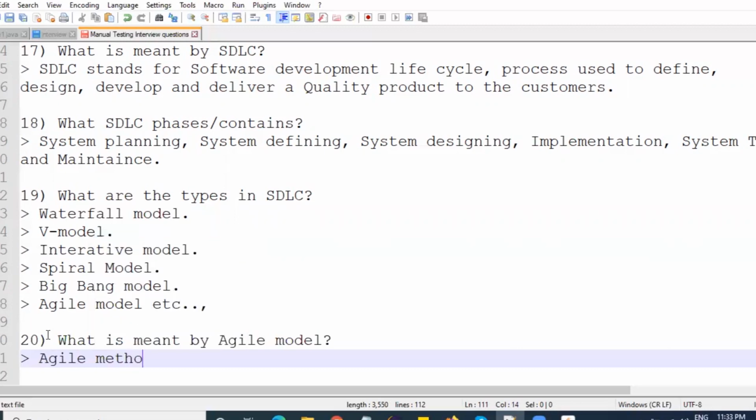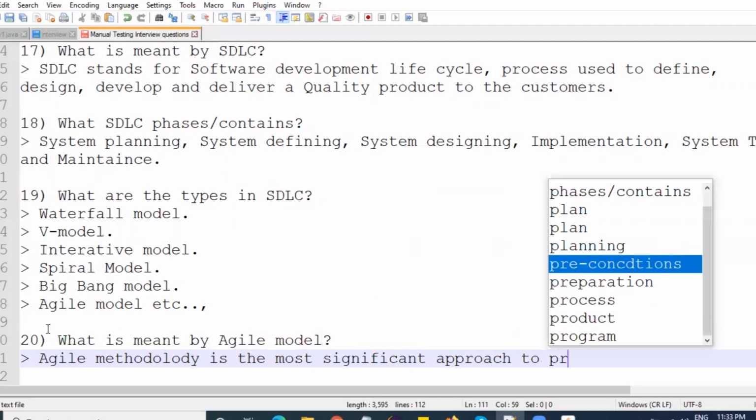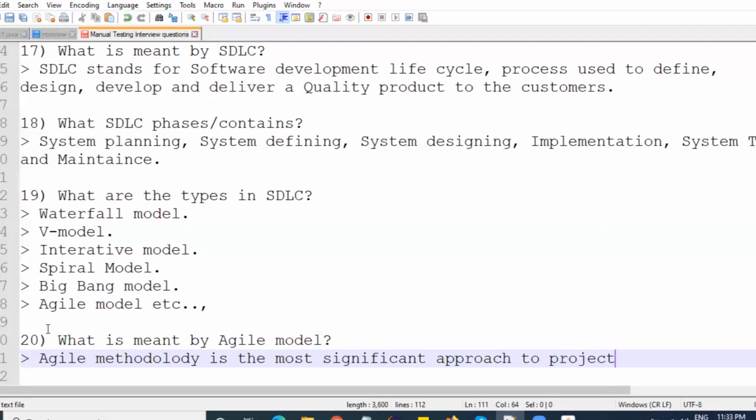Agile methodology is the most significant, important model approach to project management. See, every line is very important here.